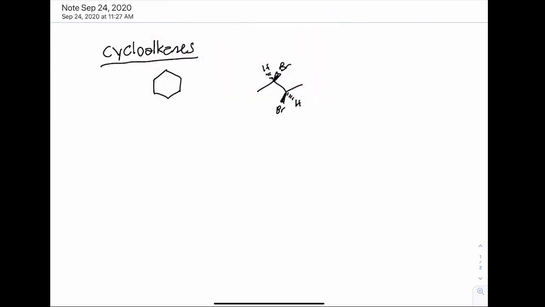And because I just have a regular sigma bond and it's not in a ring, we can rotate that bond. So we can go from that structure to essentially moving that carbon down. When I do that, this bromine is going to flip back. That hydrogen is going to be out in front. This carbon I didn't change, so I can keep my orientation. And we said that the relationship between these were different conformations.